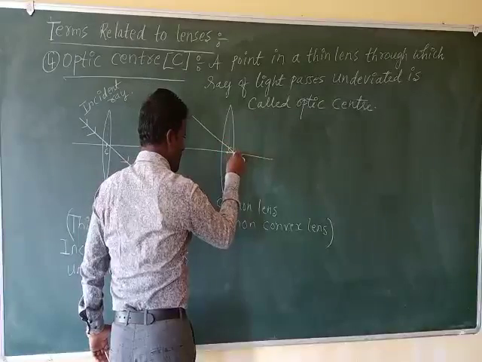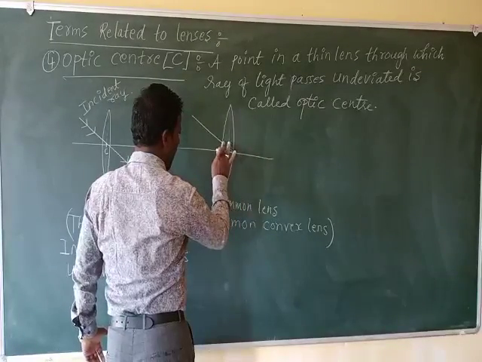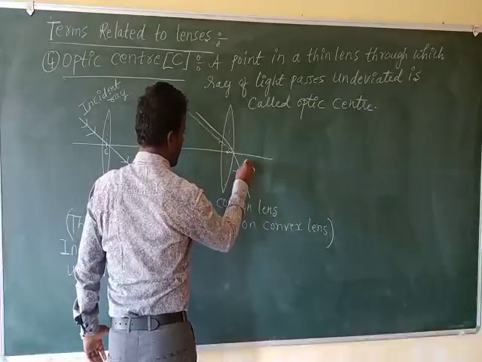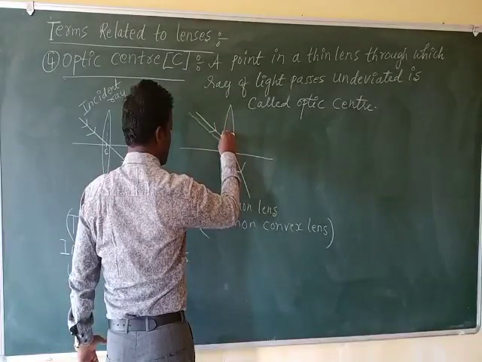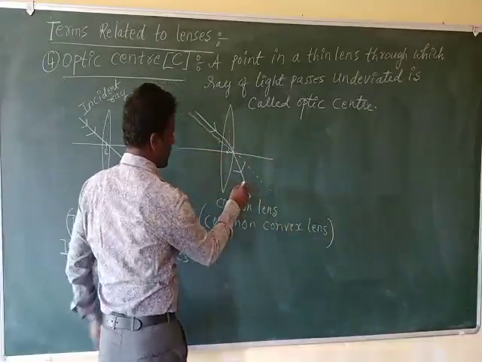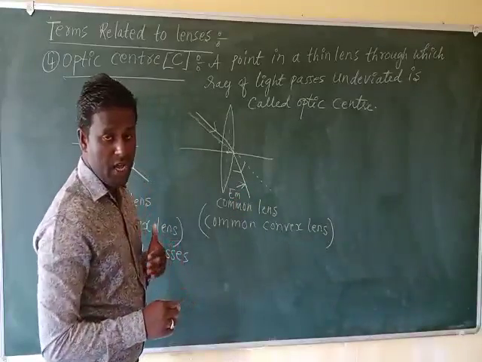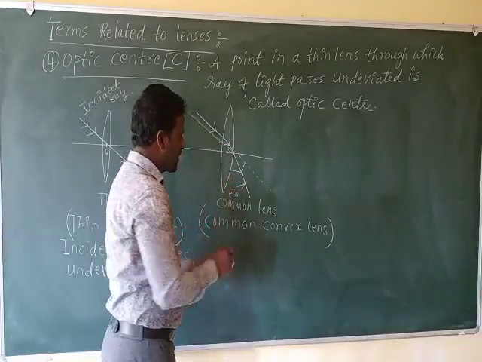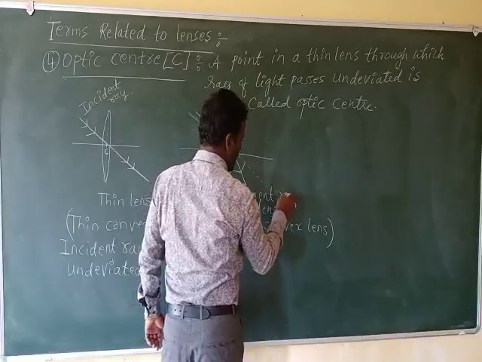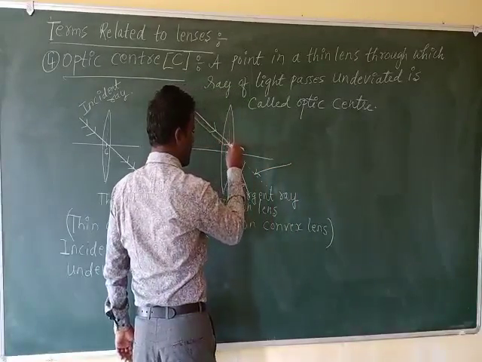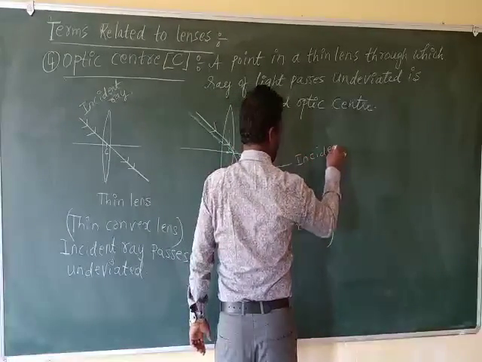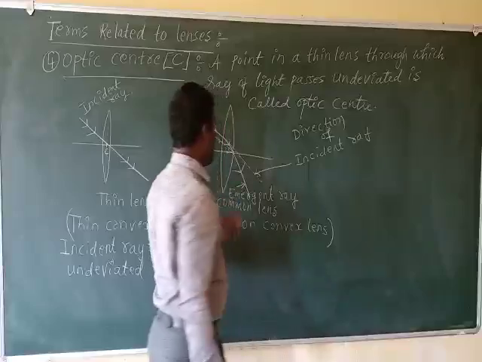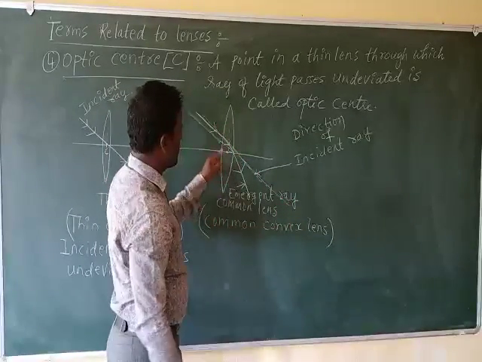Here refraction takes place, and after the refraction, see, this is the refracted ray, and this is the direction of the incident ray. This is the emergent ray. When refraction happens a second time, we call it the emergent ray. Here one refraction happened, so this is the refracted ray, but this is the emergent ray. This is the direction of the incident ray, this line, and this is the emergent ray.